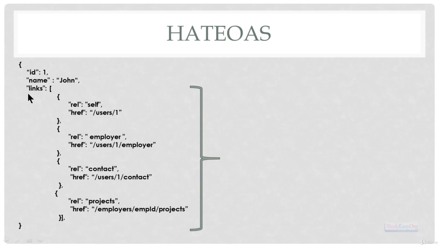We can add a collection by the name of links, and inside this umbrella, inside this links, we can have multiple information. Apart from this information, we can also give relationship, the REL attribute. Now friends, these attributes, the REL attribute and href attribute, are what?